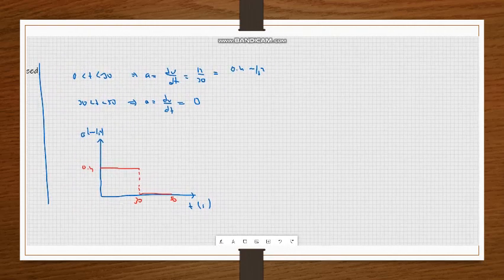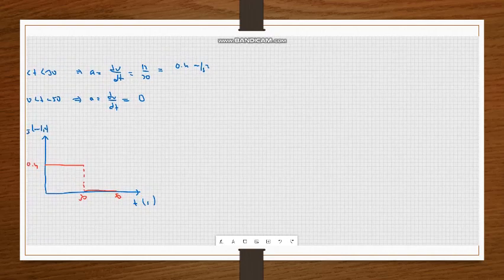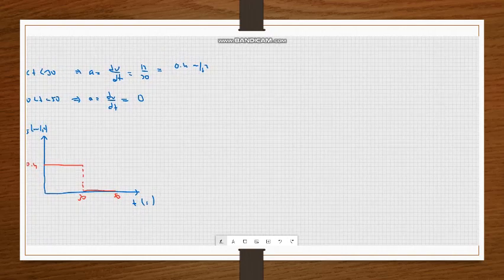What else do we need to know? We need to know the average speed. But first of all, before the average speed, we need to know the distance traveled. When we divide by 50, we will find the velocity, right?